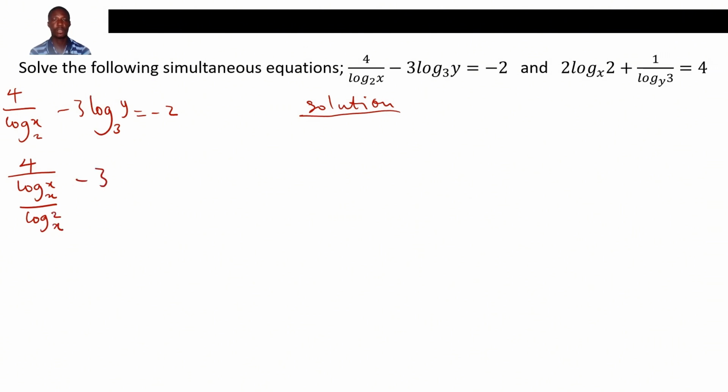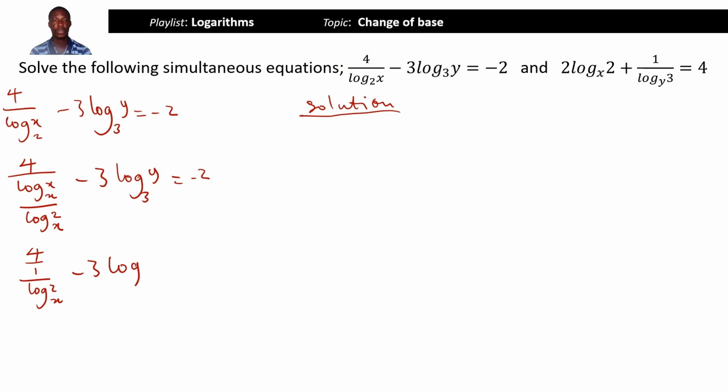So this minus log y base 3 is equal to minus 2. 4 over 1 divided by log 2 base x minus 3 log y base 3 is equal to minus 2.